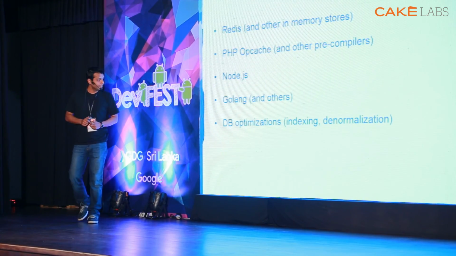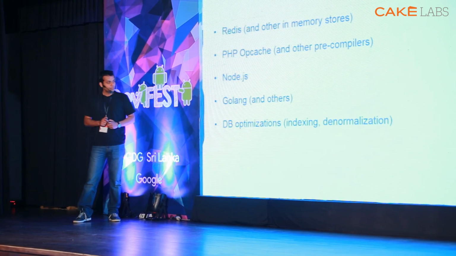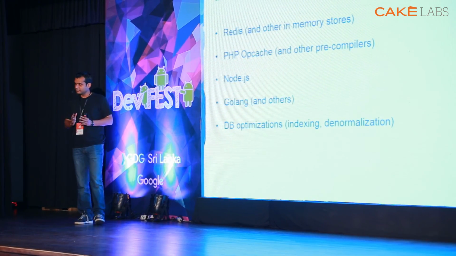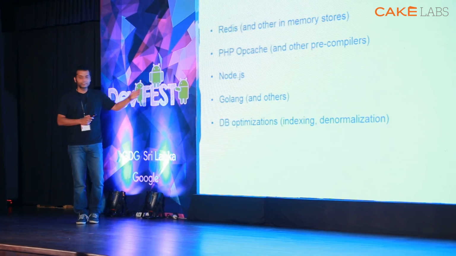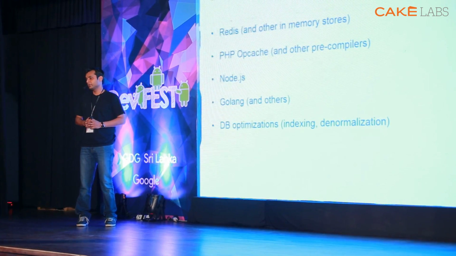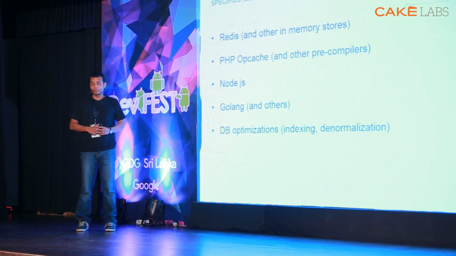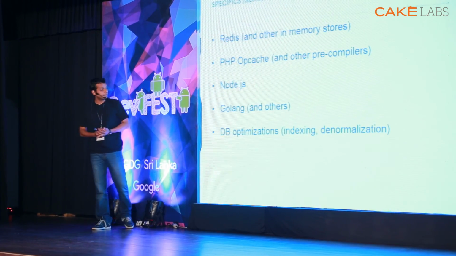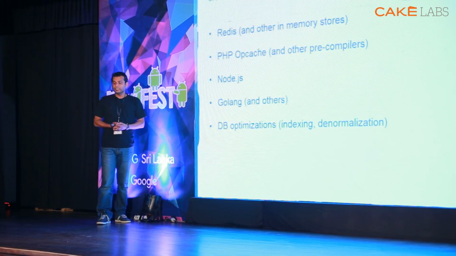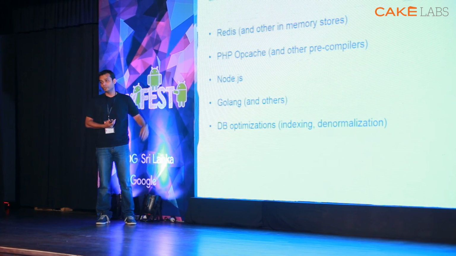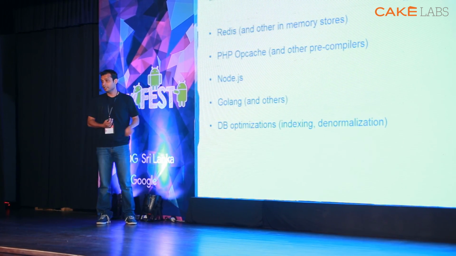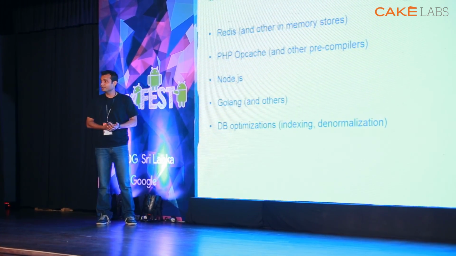Or if you have a very I/O heavy and processor light application, you might consider Node.js because of non-blocking I/O. Or if you want to go really fast, you might choose a completely different technology stack like Golang or Java, or God forbid, if you want it to be even faster, C and C++.